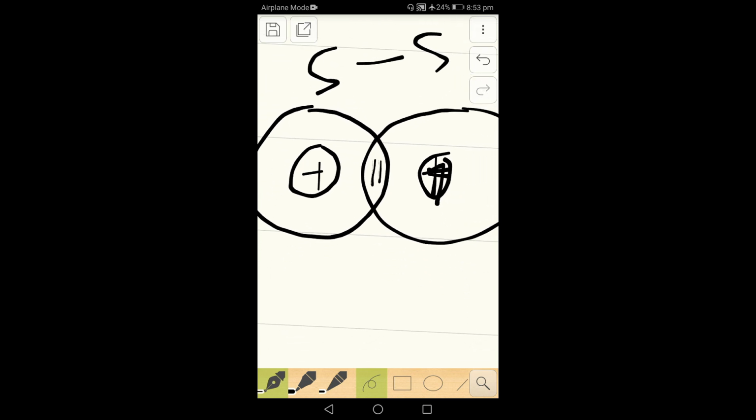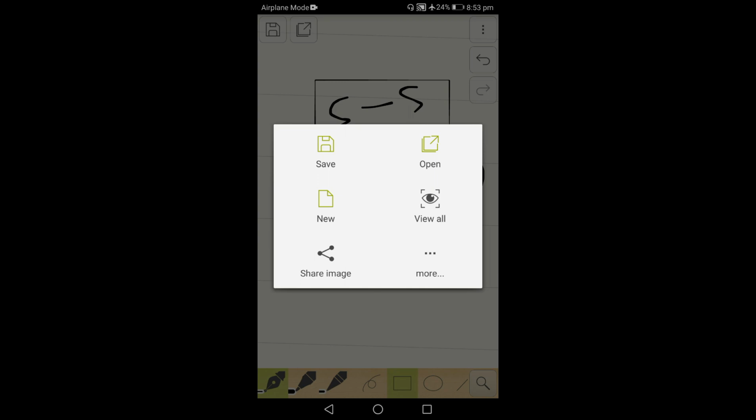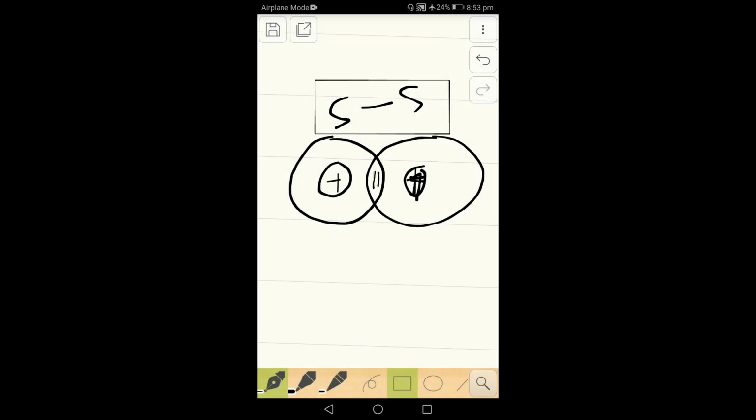Now let's consider that this atom has a higher electronegativity.